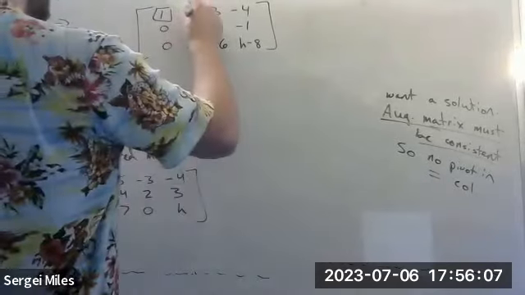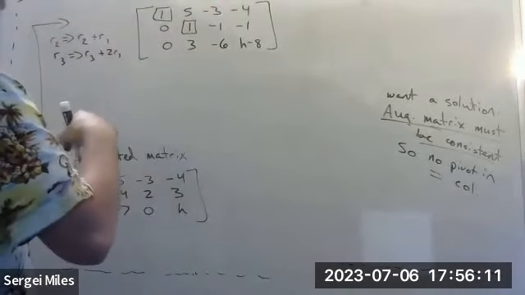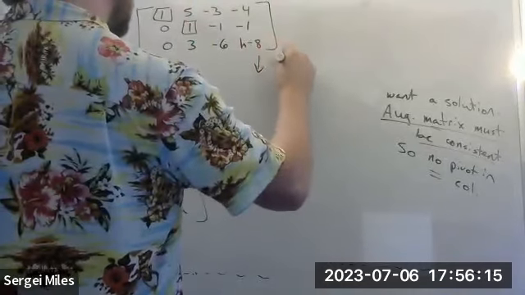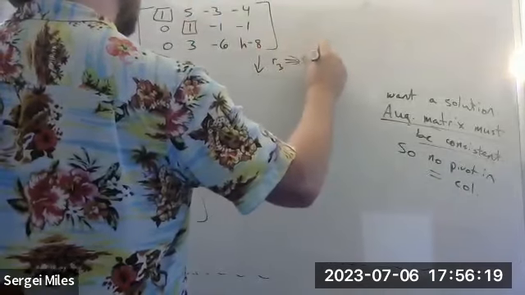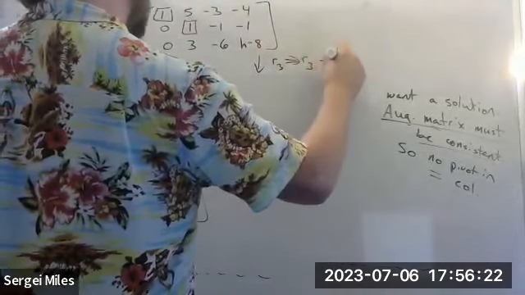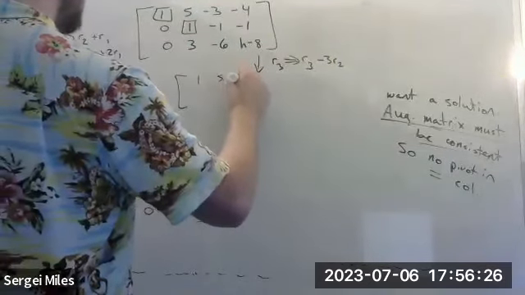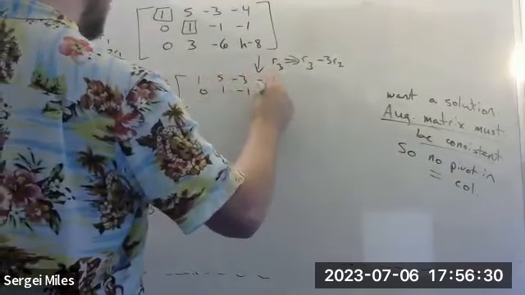So then next, in order to have a pivot in the second column, I need to get rid of this 3. So I'm going to modify row 3 by subtracting 3 times row 2. So row 1 doesn't change. Row 2 doesn't change.